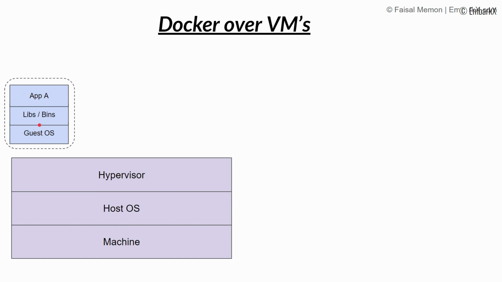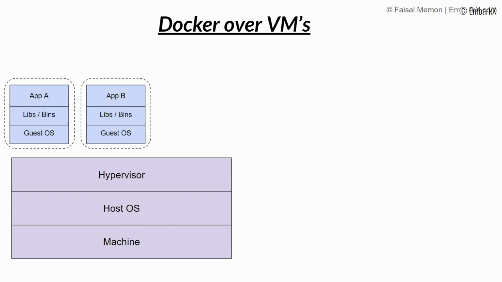So you can have multiple virtual machines running on the same system. You can have one more instance which runs a completely different app, in a separate space and a separate environment from this one. For example, this is running Windows as the guest OS. Here you can install Linux and run app B, which will have its own libraries and binaries installed.